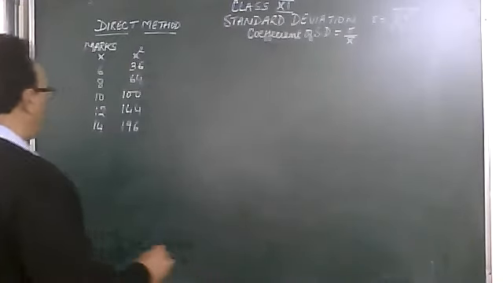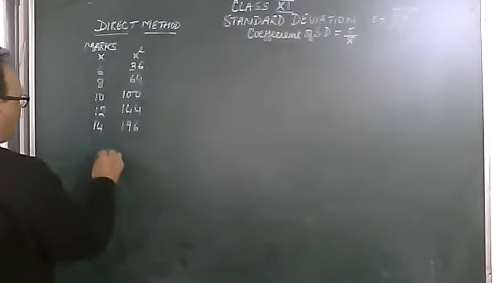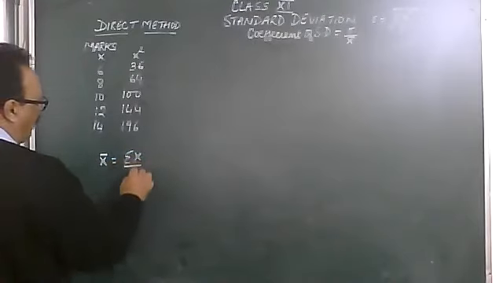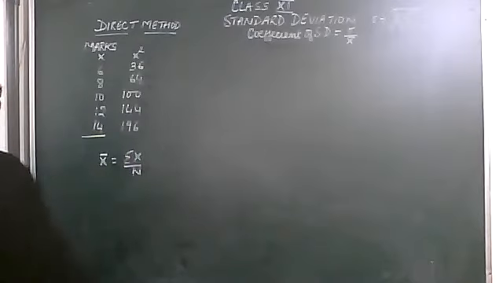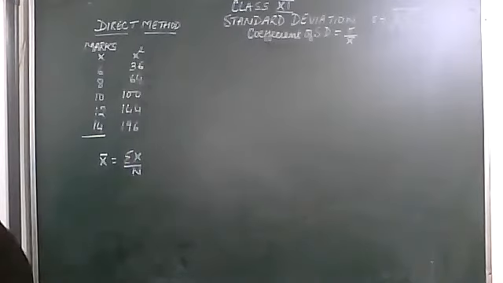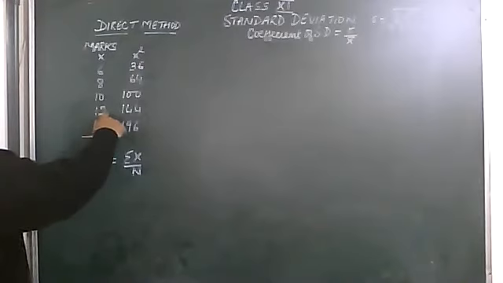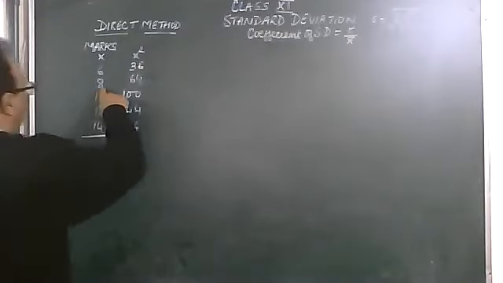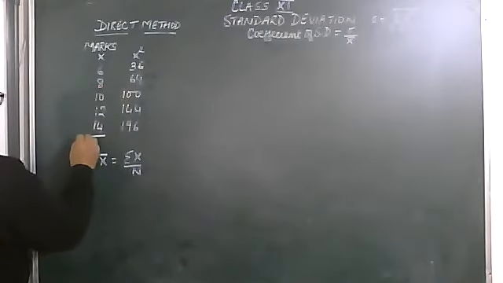Now we need to have the mean as well. So sigma x upon n is the formula for calculating the mean. Here, totaling up, sigma x is equal to 50.